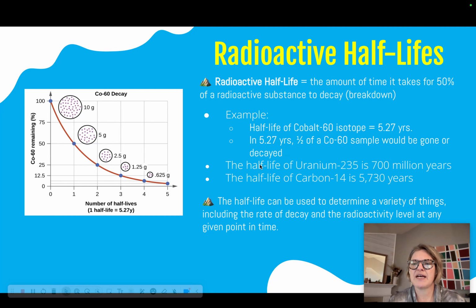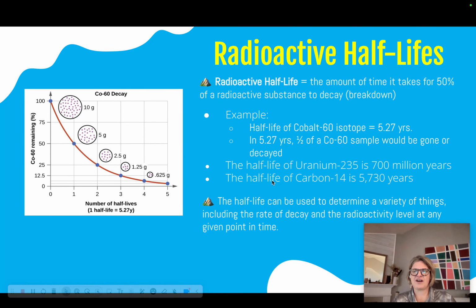So I think you probably remember that from chemistry. Some more common elements that we think about are uranium 235, which is what we're talking about when we're talking about energy production. Its half-life is 700 million years, which will be important later. And then carbon 14 is something else that we use commonly. We use it in geology and biology a lot when we're aging substances, and we can do something called carbon dating.